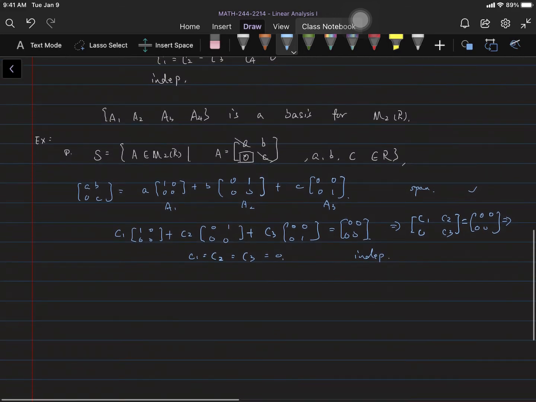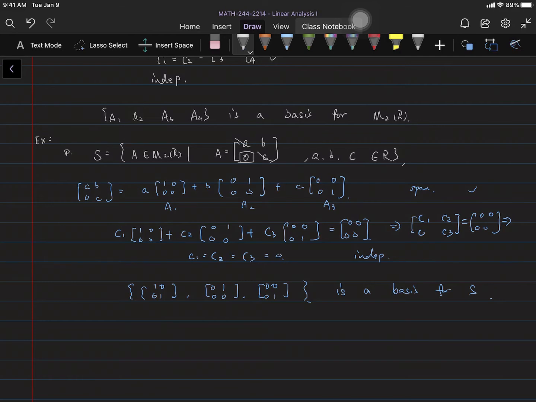So what's the basis for this subspace? The basis should be just A1, A2, A3. Right, this is a basis for S. Okay, this is the first exercise.